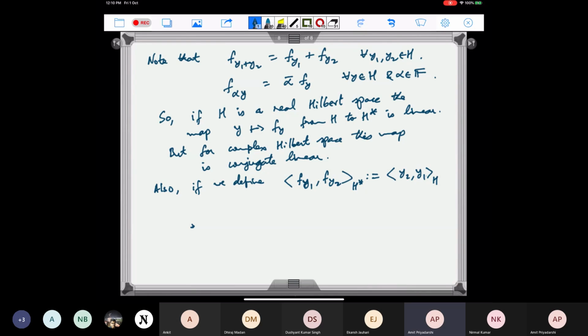Yeah, we have to take them in the opposite order. So if I take f_{y1}, f_{y2}, I define it to be this. Then H star becomes a Hilbert space.